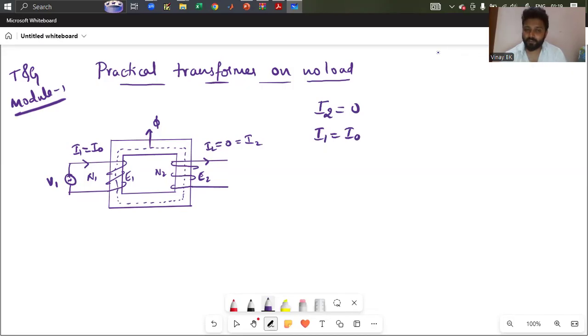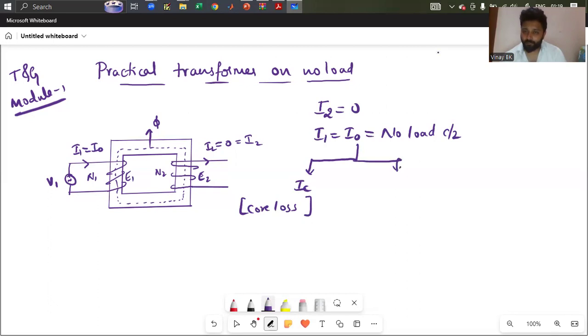Because of this open circuit on the secondary side, this no load current I0 has two components. One is IC, which you can call the core loss component, and another one is IM, which you can call the magnetizing component.